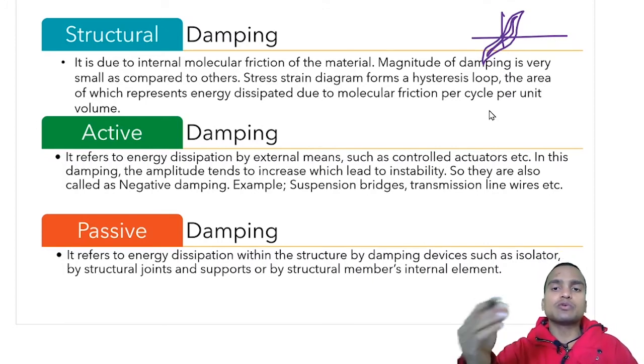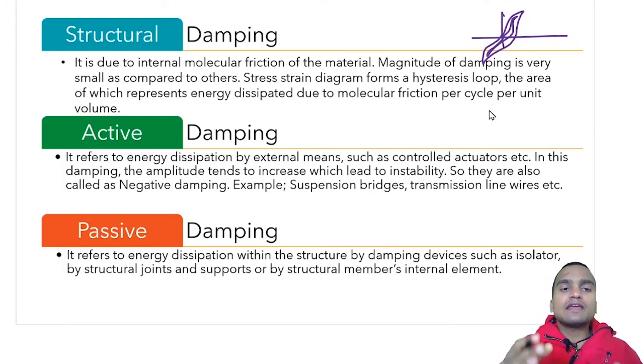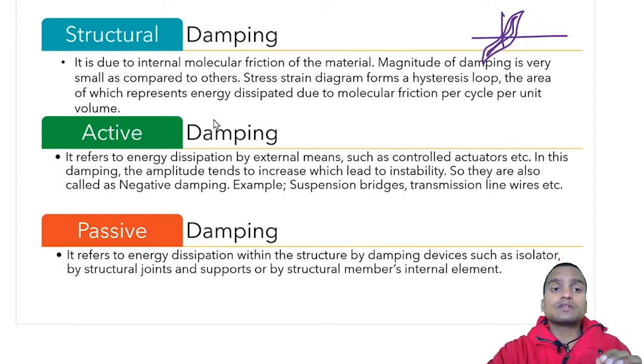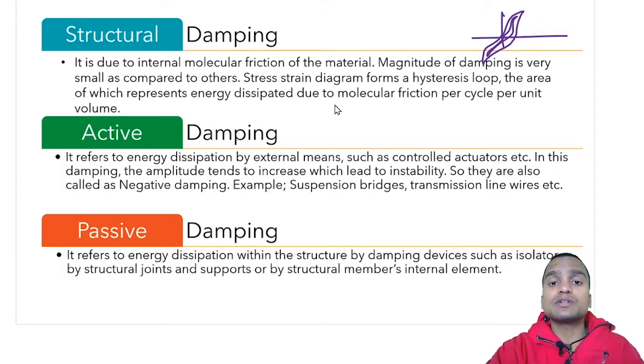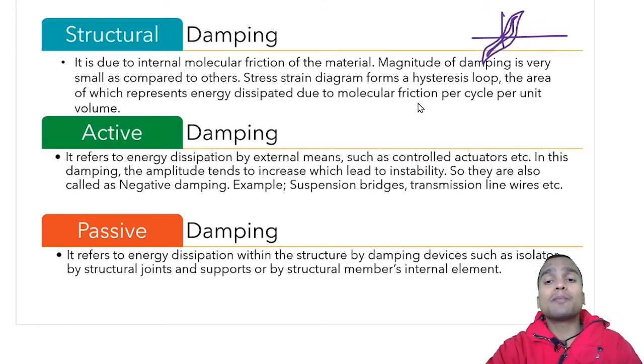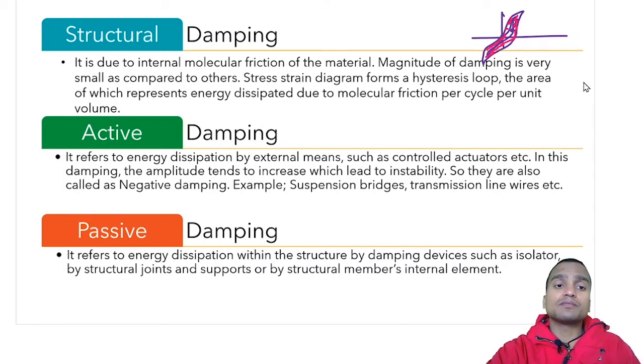There are multiple loops of hysteresis, and the area of loops represents energy dissipated due to molecular friction per cycle per unit time. The area between two loops will represent the dissipation of energy due to molecular friction per cycle per unit volume.